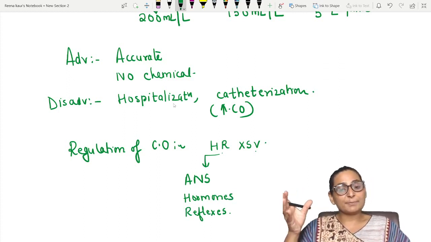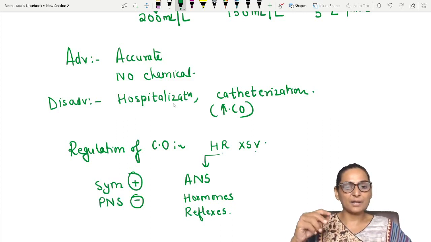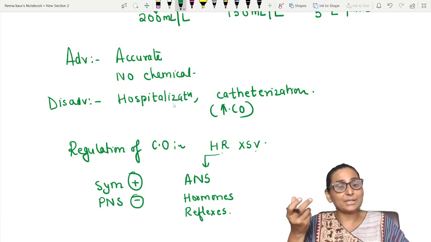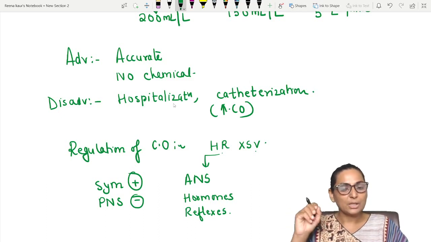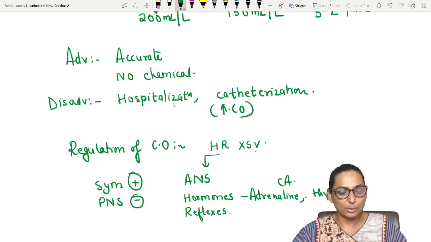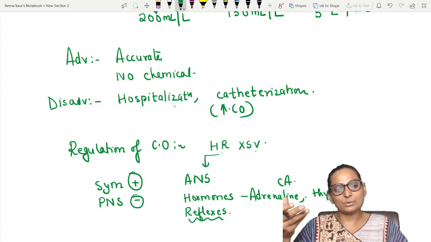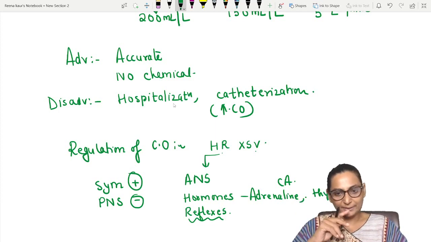In the autonomic nervous system, the sympathetics increase the heart rate and the parasympathetics decrease it. Vagus maintains your vagal tone, decreasing the heart rate. Hormones like adrenaline, noradrenaline, which are catecholamines, and thyroid hormones. Then there are reflexes, the volume reflex, and the Cushing reflex, which we will study with cardiovascular regulation, which affect your heart rate.